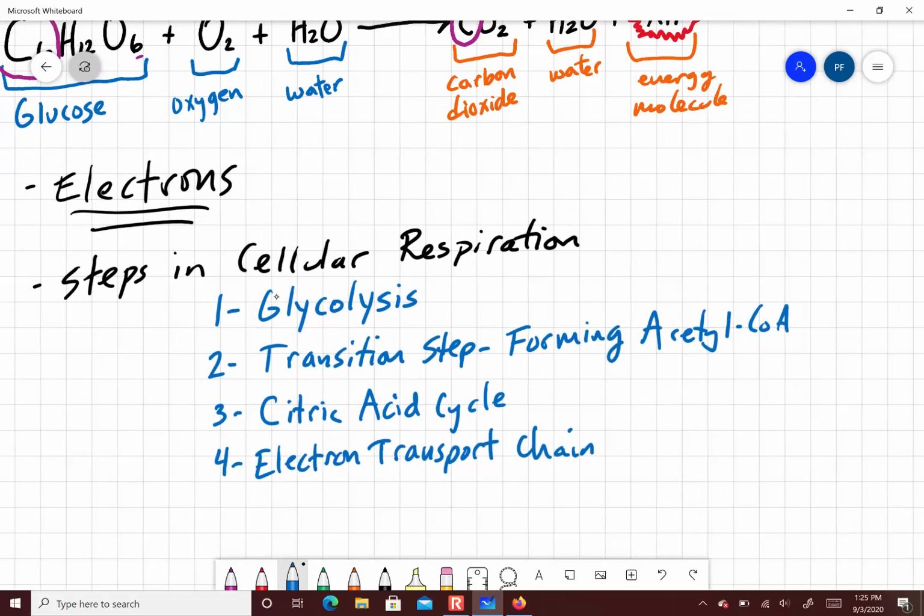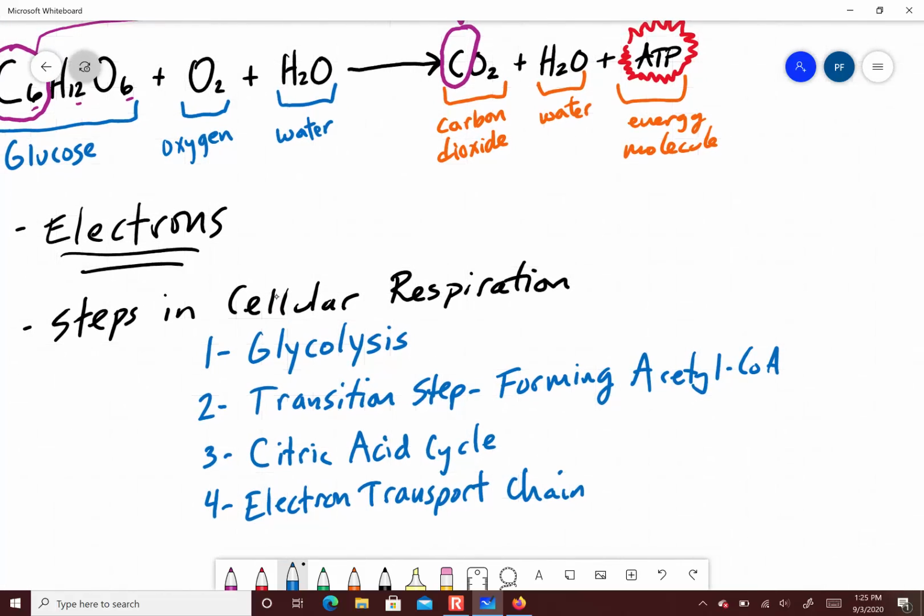All right, and I want to show you something real quick. So this ATP that we're making, if we start with 1 glucose, this is going to be highly variable, and it depends on a lot of things. But the generic idea, if we start with 1 glucose, we can make around 32 or so ATPs from that.